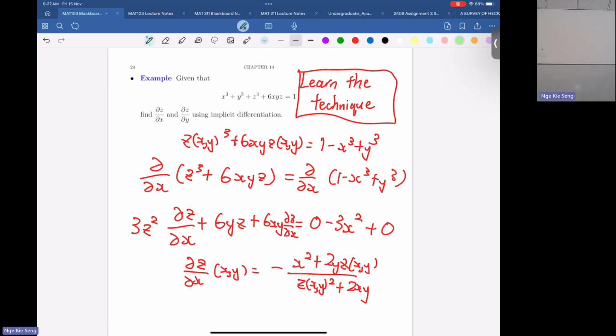There's one quick way to get this. So what's the one quick way here?